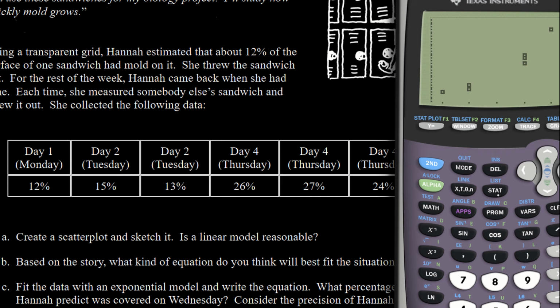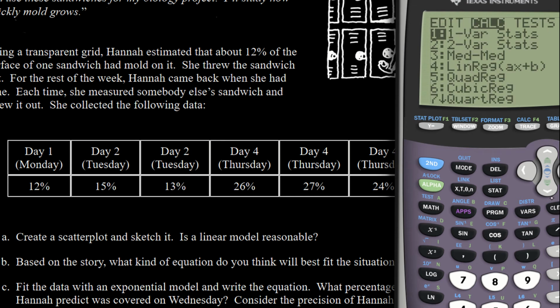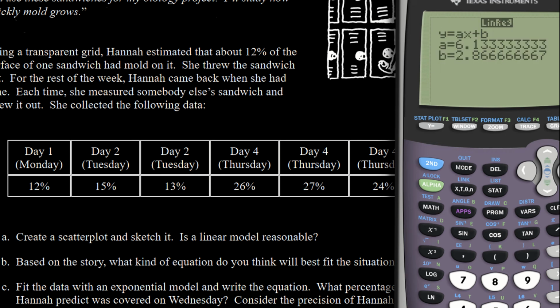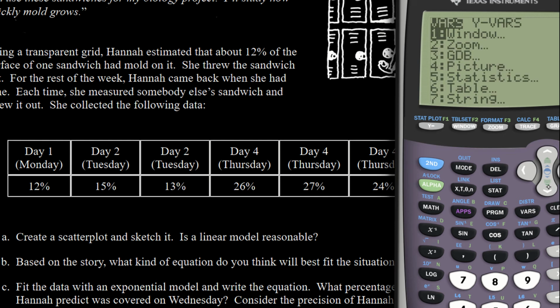So I'm going to run a regression though. I'm going to hit stat, calculate, and I'm going to hit a linear regression anyways. Good. So there it is. If I was to turn that equation on, I think to grab the equation I hit vars, then I go down to statistics.